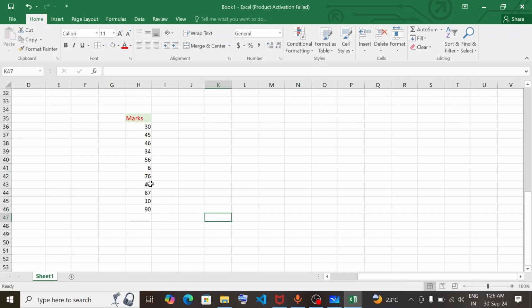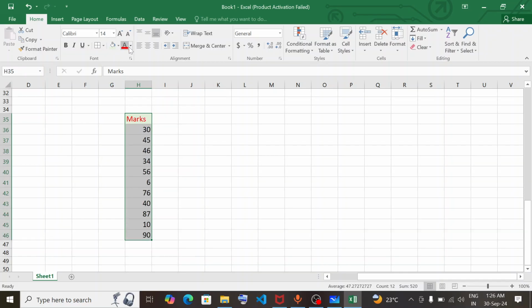And one of the students has 6 marks also. So we have this fictional data which we can use to understand the concept of variance and standard deviation here.